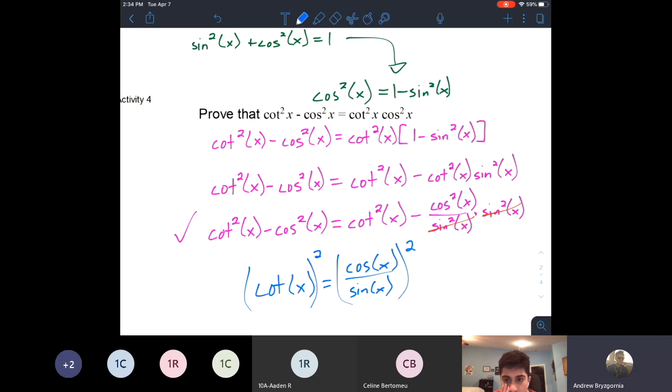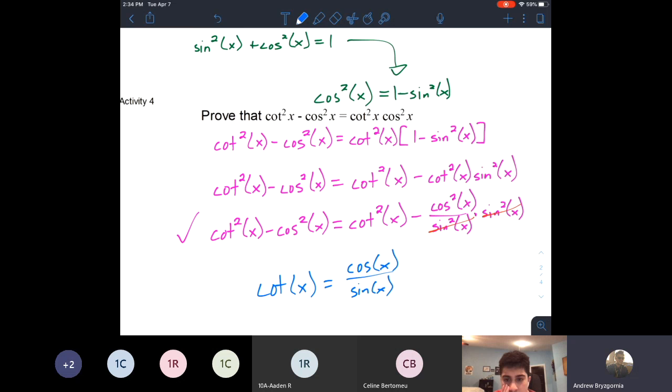But what we do instead of keeping the square outside is we move it to be here. So like cotangent squared of x. So then that means that it's going to be the same thing as cosine squared over sine squared.